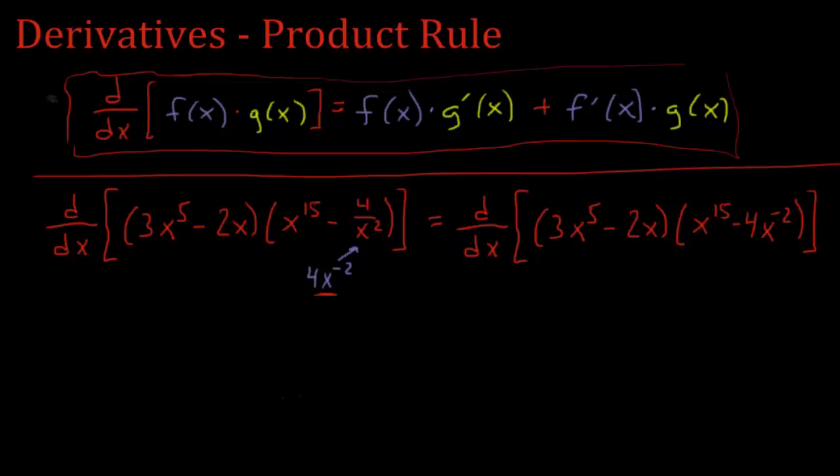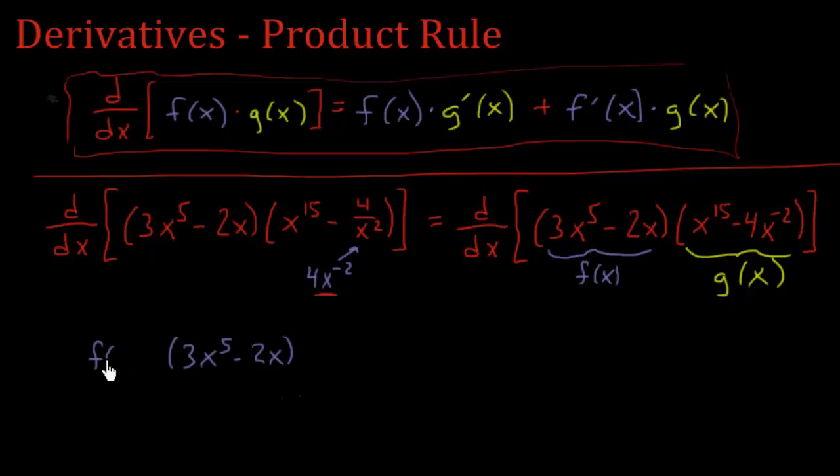Now that we have that set up, let's identify f of x and g of x. I'm going to call this f of x, and this one g of x. If this is your first time doing this, this is how I'd recommend approaching the problem. First, write out what f of x is: 3x to the 5th minus 2x. Then right below it, write out f prime.